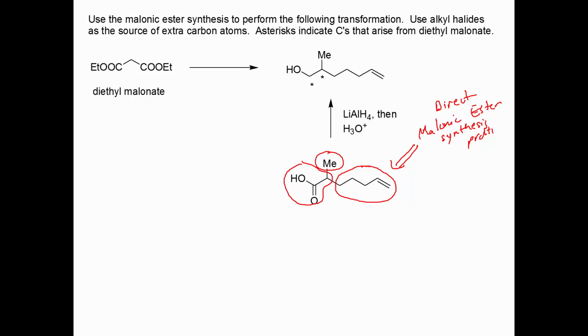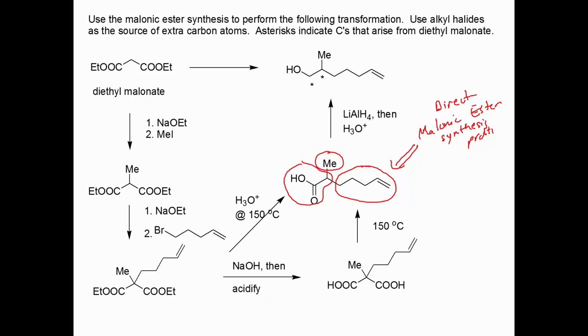All right, so all we do here in the malonic ester synthesis is we're going to take diethyl malonate. We'll call this step 1, sodium methoxide, methyl iodide. Step 2, sodium methoxide, pentenyl bromide.